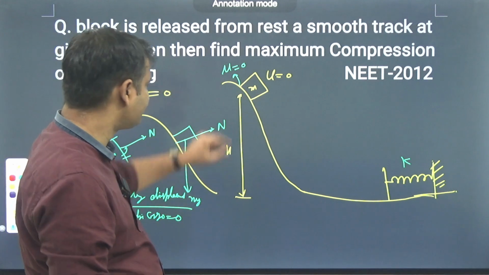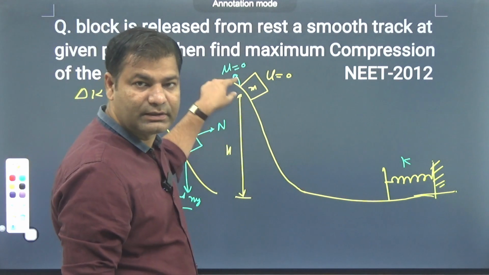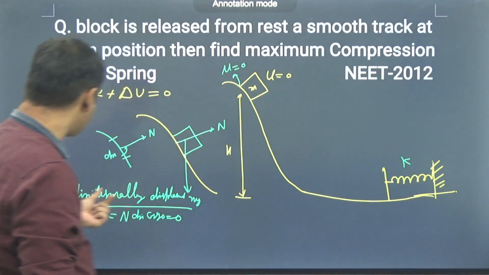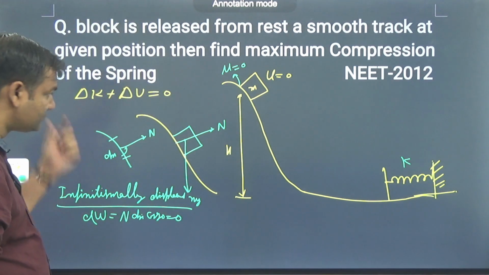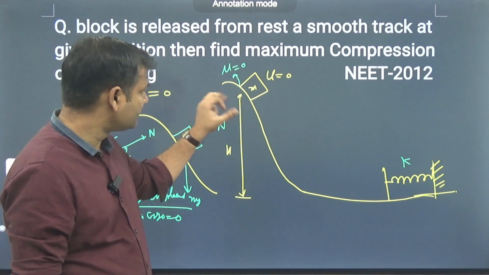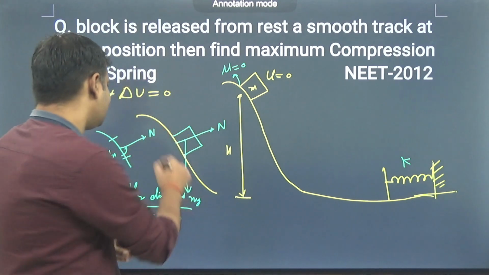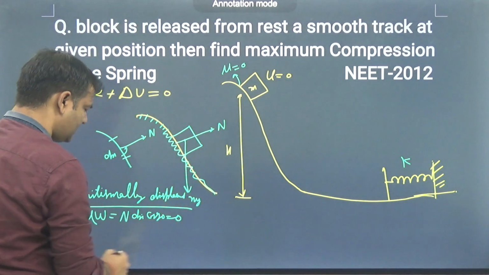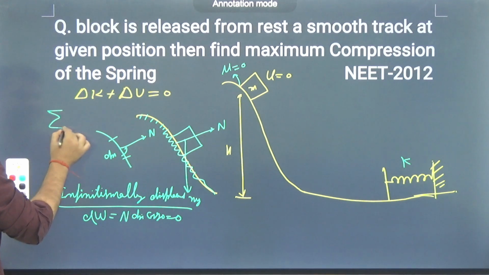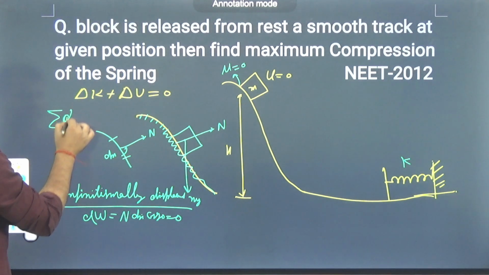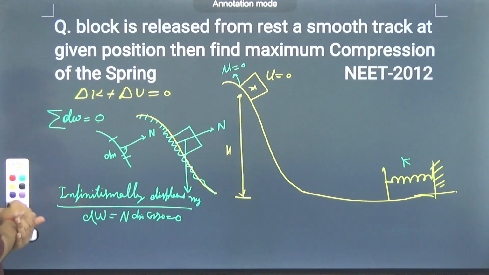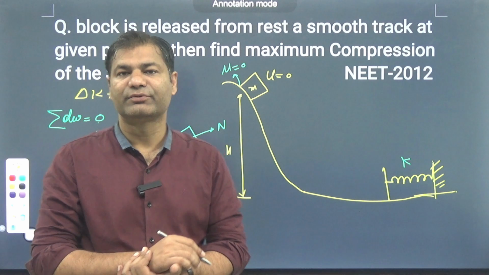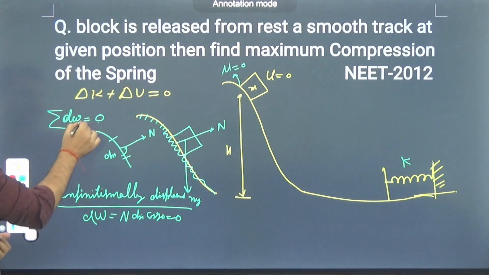So if you consider from here to here, that is a curved surface, the summation of dW by the external force, meaning the normal force, is 0. Clear or not?